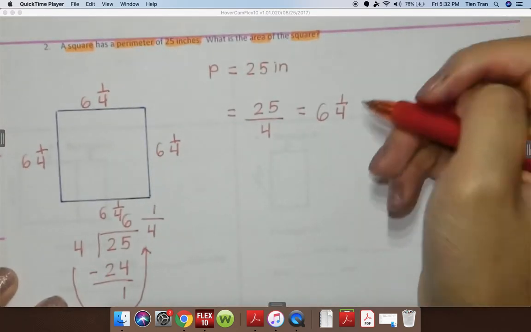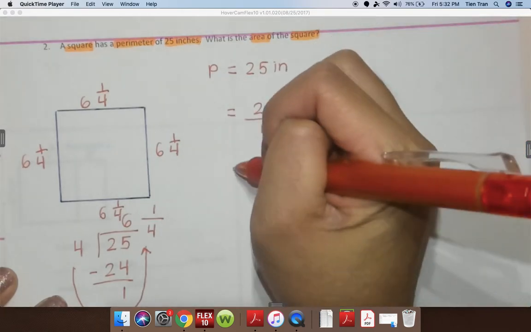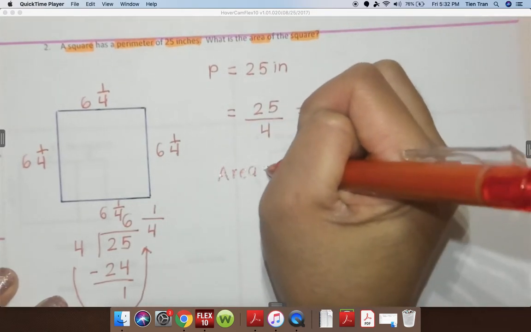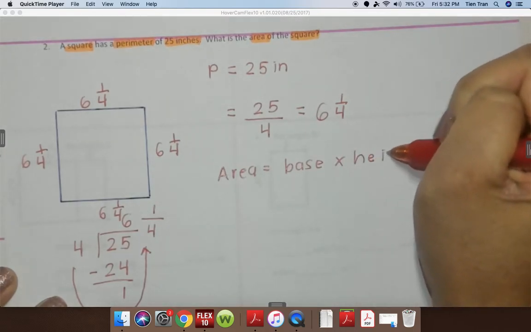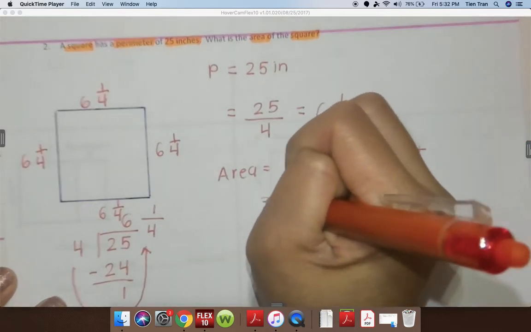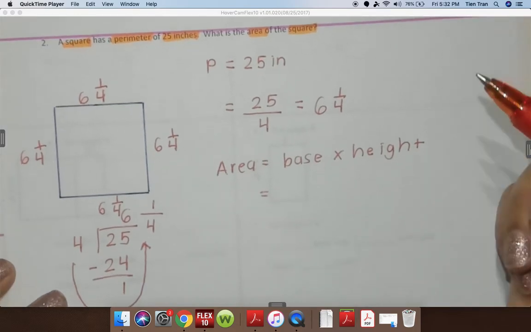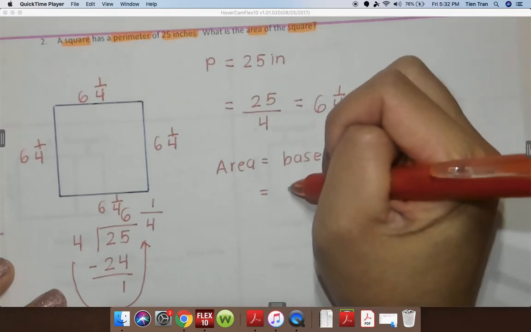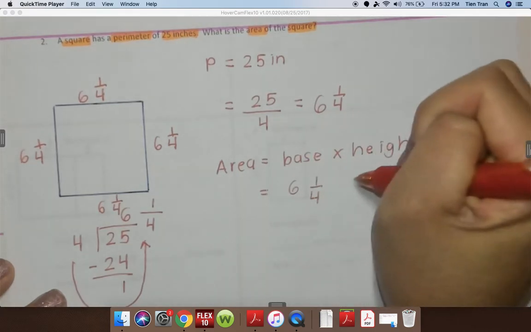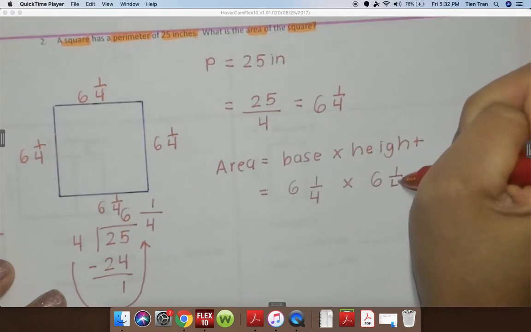Okay? Now, with that answer right there, I'm going to find my area. And remember I told you area is equal to base times height. It's a formula you just kind of have to memorize in order to know what you're doing. So I'm going to make sure I multiply 6 1/4 times 6 1/4.